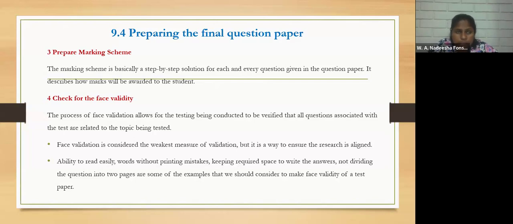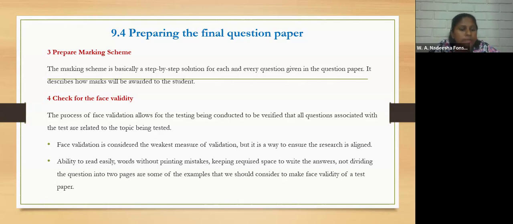And also, sometimes after evaluating, after finding the discrimination index, difficulty index, like that, we can prepare the final paper. After preparing the final paper, we can catch some printing mistakes or other minor mistakes when preparing the marking scheme.